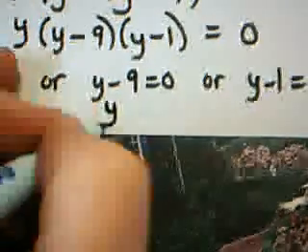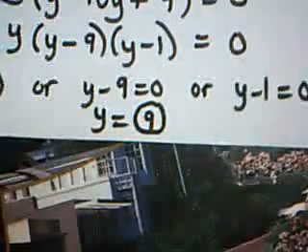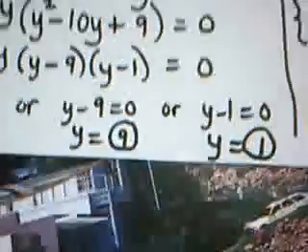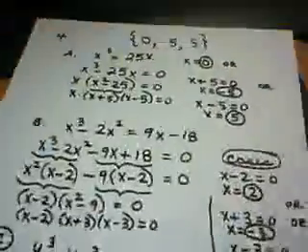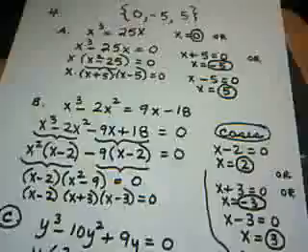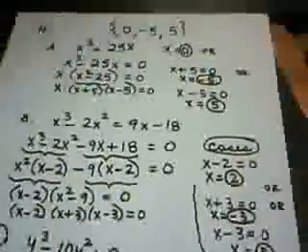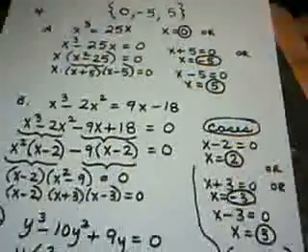In the second case, y is a positive 9. And in the third case, y is a positive 1. My solution set here would contain 0, 9, and 1. All right, so we're basically using our factoring knowledge to solve what are sometimes called higher order equations. Enjoy!